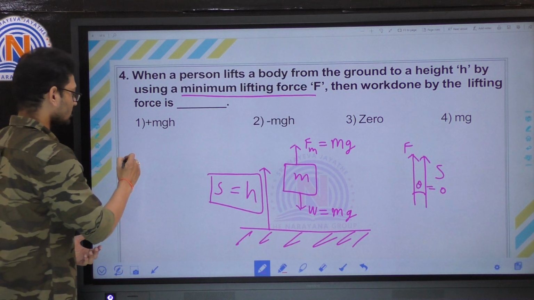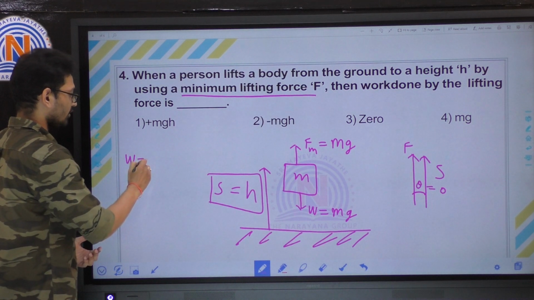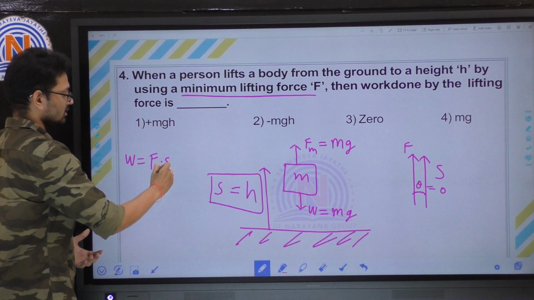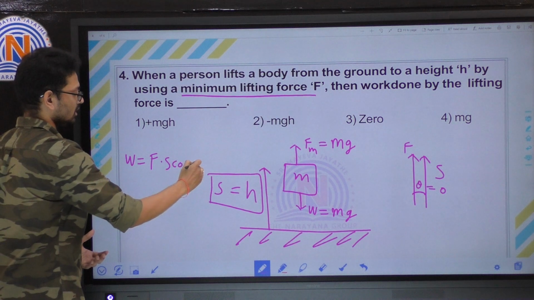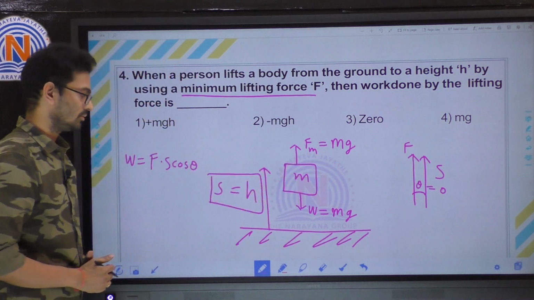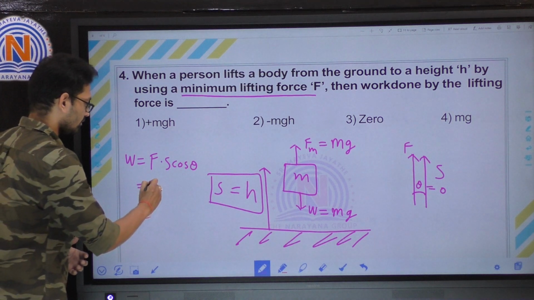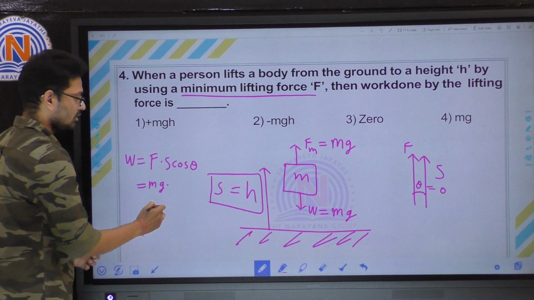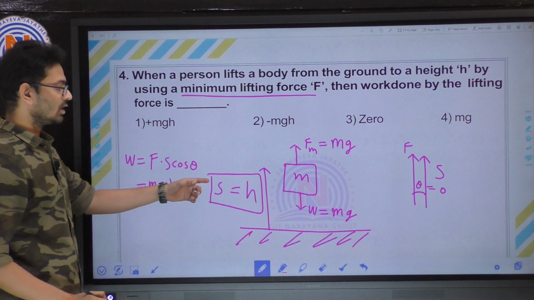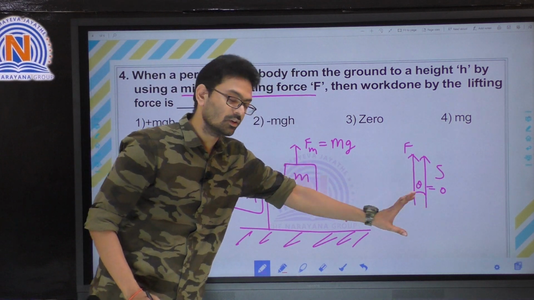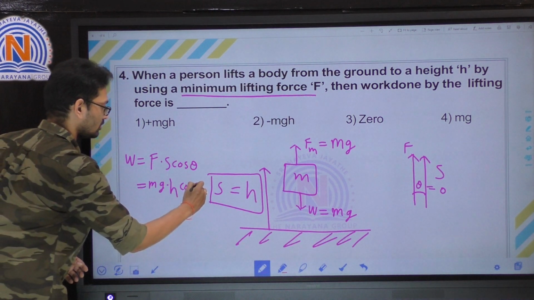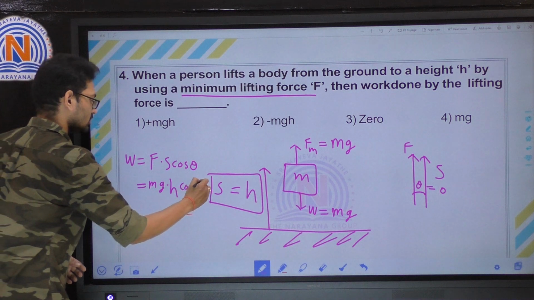So now let us talk about the work done formula. W is equal to F S cos theta. What is your force? mg. Your force is mg. What is your displacement? h. What is the angle between these two vectors? 0. So I am going to write cos 0 degrees.